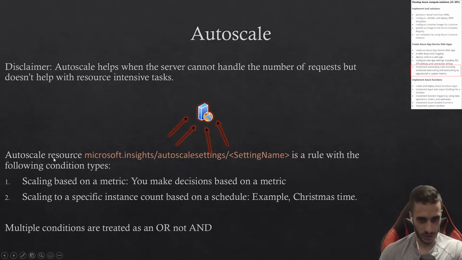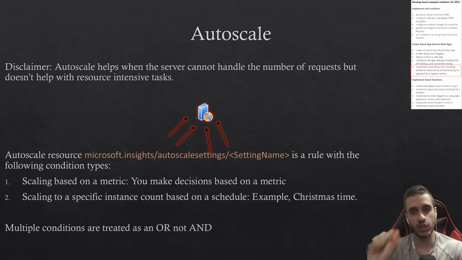Autoscale resource on Azure, okay, is actually under the resource provider. Remember, we spoke about resource providers before. It's under the Microsoft.Insights resource provider, okay? So it's essentially just an Azure resource, just like Azure App Service, just like storage account. At the end, Autoscale is just a resource on Azure. That Autoscale resource on Azure can be configured on a couple of different resources, okay?